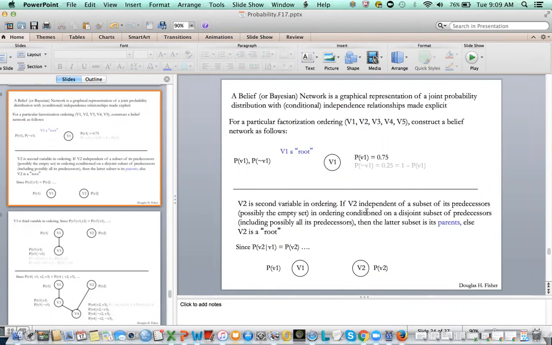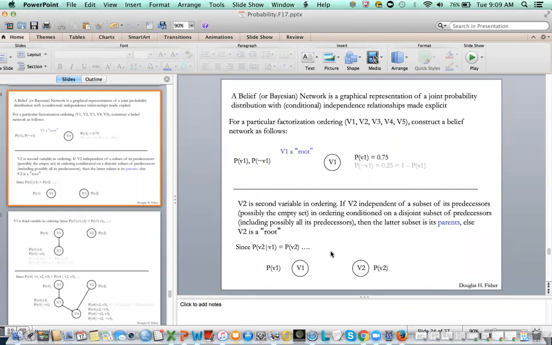V2 is second in the ordering, and I'm going to be using some of the assumptions I made in that earlier slide, where I asserted, again, I just made this up, that there's nothing in the earlier slides that would have led you to believe that V2 is independent of V1, but it is simply an assertion that V2 is independent of V1.